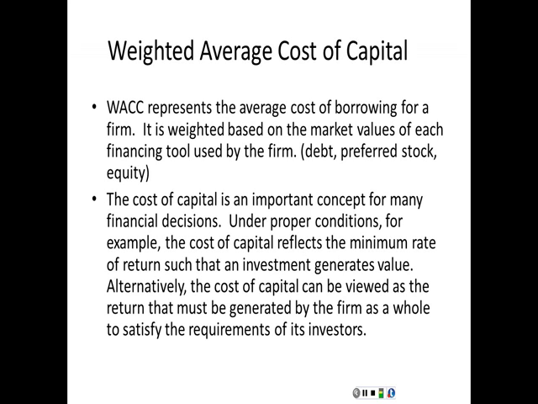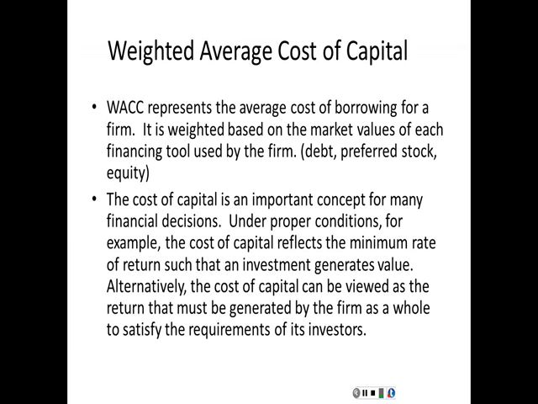Weighted average cost of capital represents the average cost of financing for a firm. So think about this for a minute. When a firm raises money or capital for its projects, it raises it usually from stockholders and debt holders. The debt could be a bank or it could be a bond.